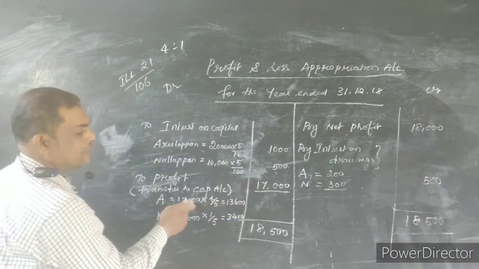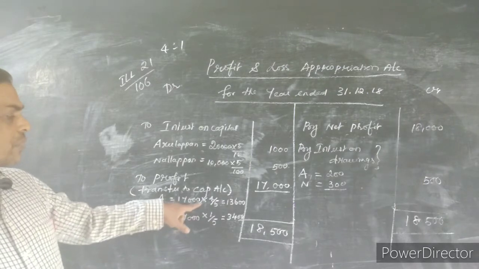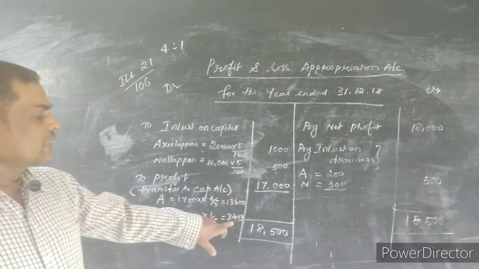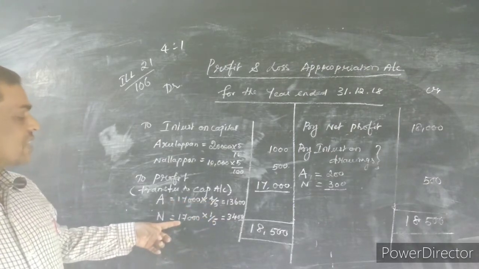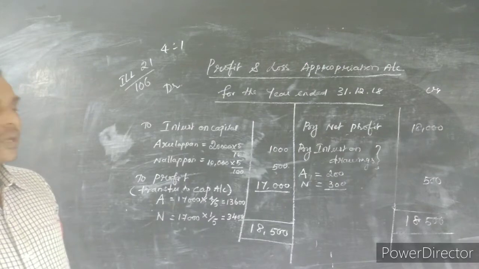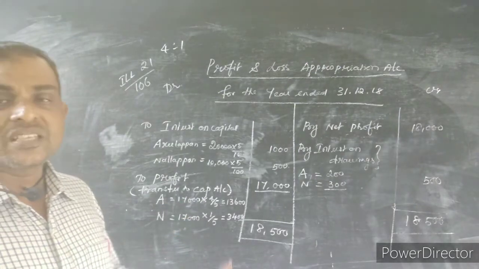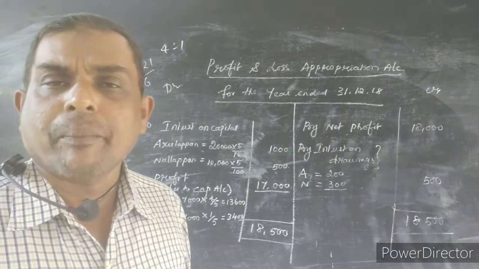That 17,000 is apportioned according to the ratio given in the sum: for Arulappan 13,600, for Nallasamy 3,400. How is it calculated? 17,000 into 4 by 5 and 17,000 into 1 by 5. This amount will be transferred to the partners' capital accounts. This is the way you have to follow the P&L appropriation.